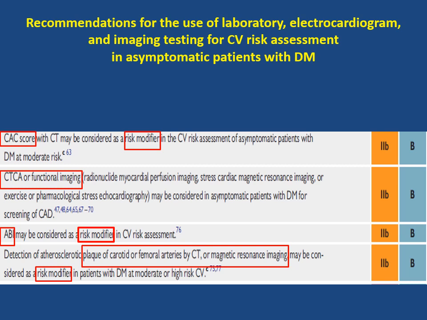What about screening of coronary artery disease in asymptomatic patients with diabetes mellitus? It is only a class 2B indication to ask for multi-slice CT coronary angiography or functional imaging such as myocardial perfusion imaging, stress cardiac MRI, or dobutamine echo to screen for coronary artery disease in patients with diabetes.